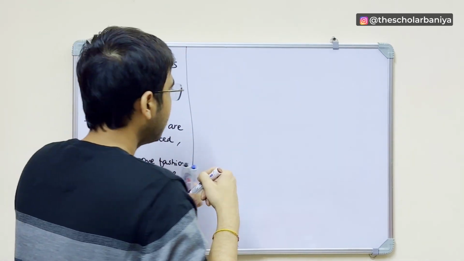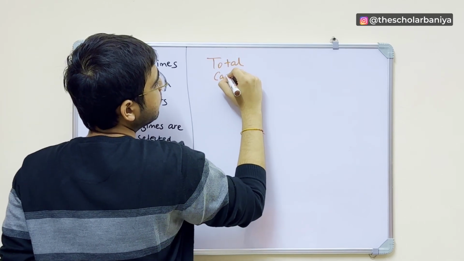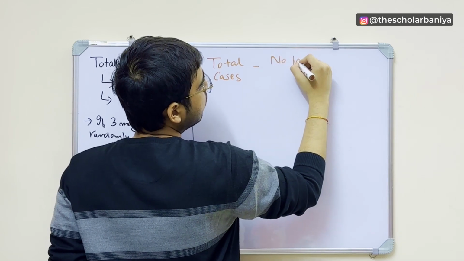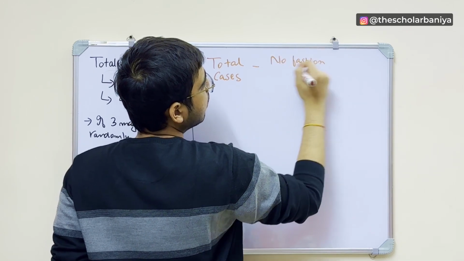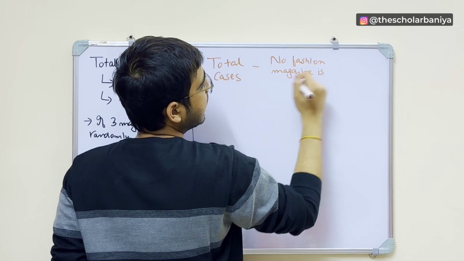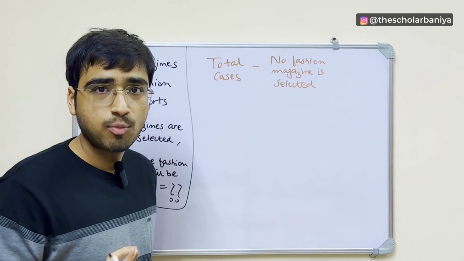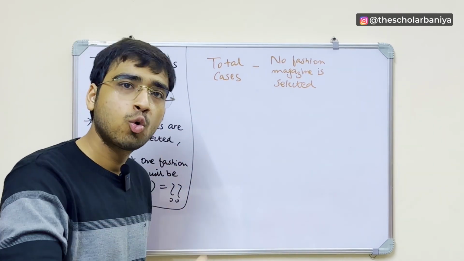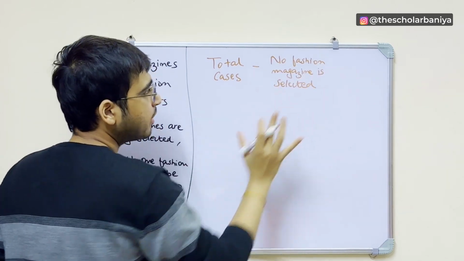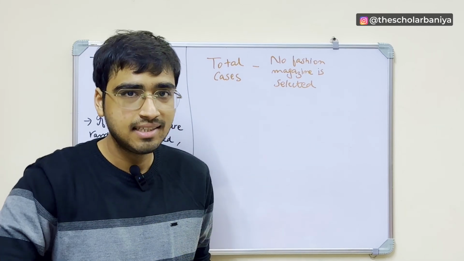So what I mean is that, for example, we take total cases, right, minus no fashion magazine is selected. Total cases means the total number of ways we can select 3 magazines, and we subtract the cases where no fashion magazine is selected.